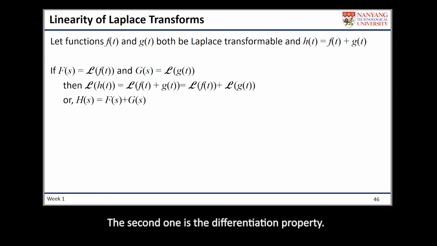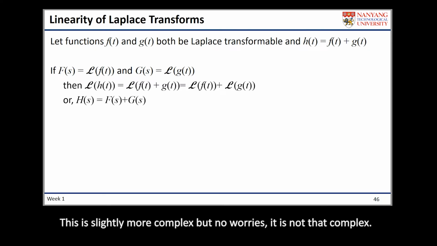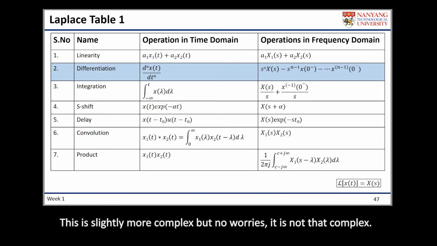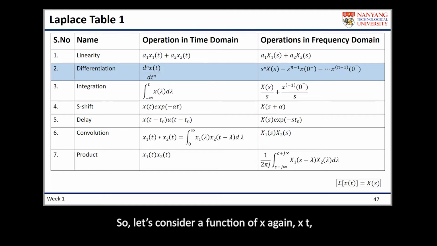The second one is the differentiation property. This is slightly more complex, but don't worry, it's not that complex. So let's consider a function of x again, x(t), where the Laplace of x(t) is equal to capital X(s).